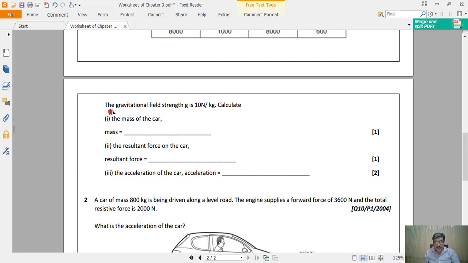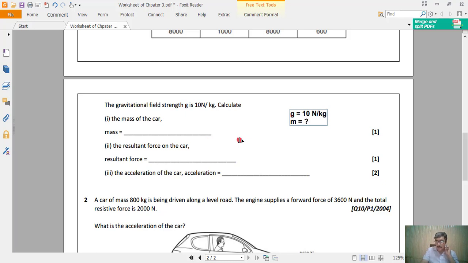So what we have to do: the gravitational field strength is also given. So g is also given to you, and that is 10 Newton per kg. The mass of the car, we have to find here. What will be the mass?